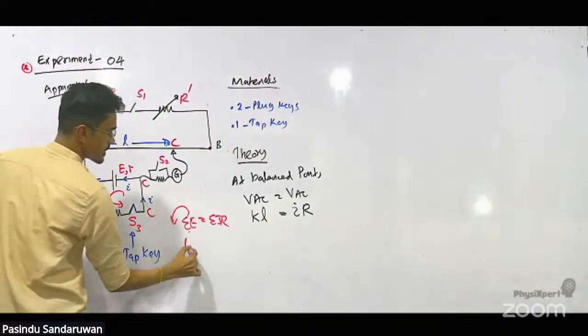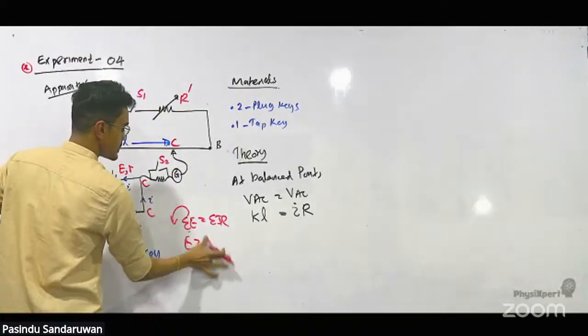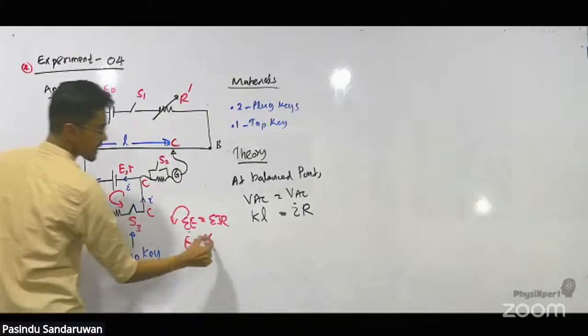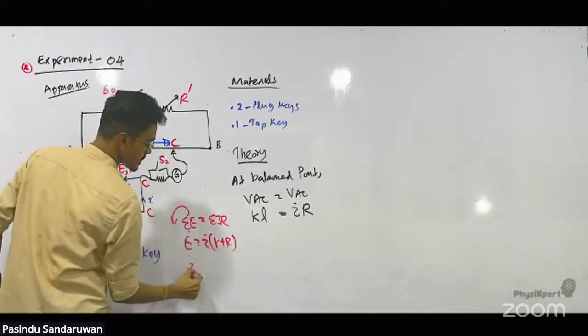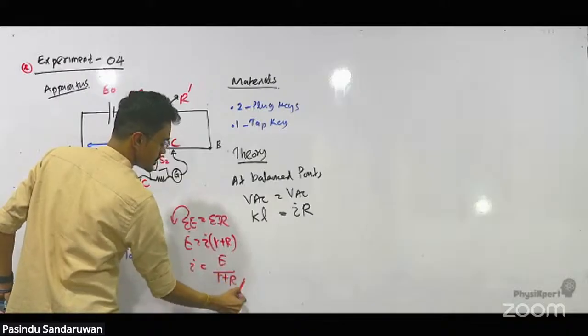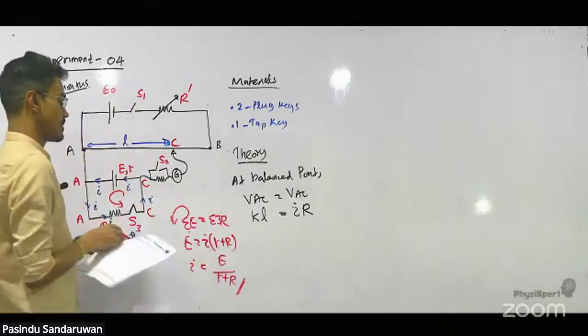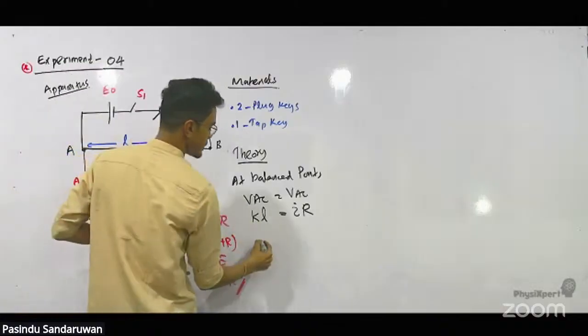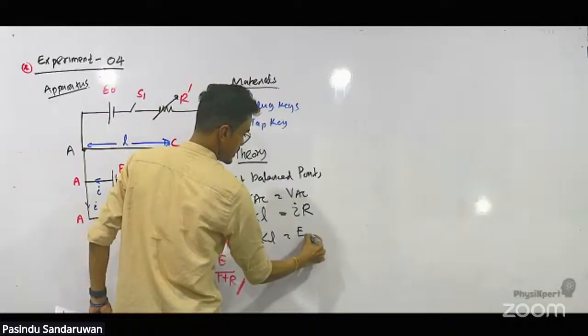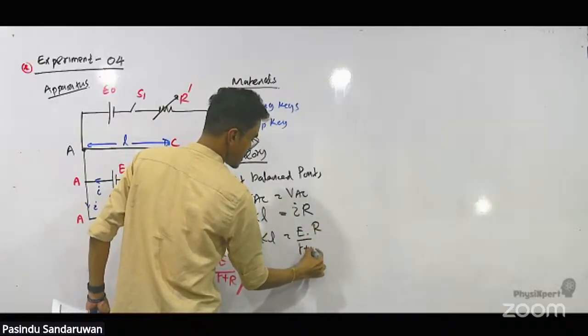Sigma E has only one term, E. The same current flows through both resistors, small r and capital R, so the total is r plus R. The current in the circuit is given by E over r plus R. Plug this current in here. Then K L equals E R over R plus r.